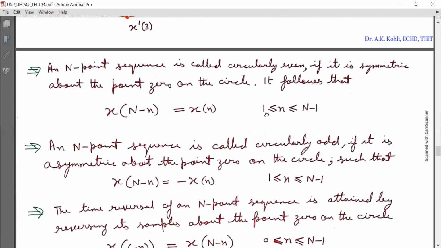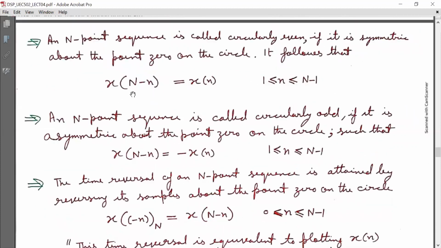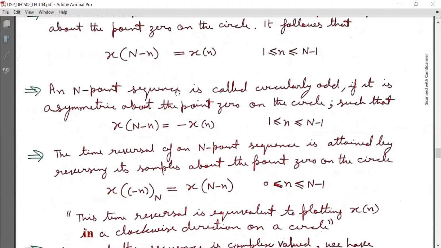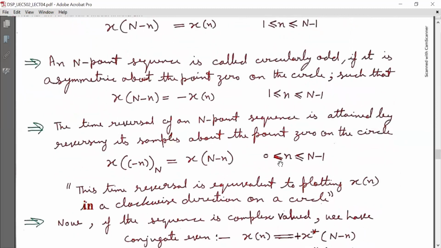It follows that x[N minus n] is equal to x[n] when n is ranging from 1 to N minus 1. An N-point sequence is called circularly odd if it is antisymmetric about the point 0 on the circle, such that x[N minus n] is equal to minus x[n] when n is ranging from 1 to N minus 1.